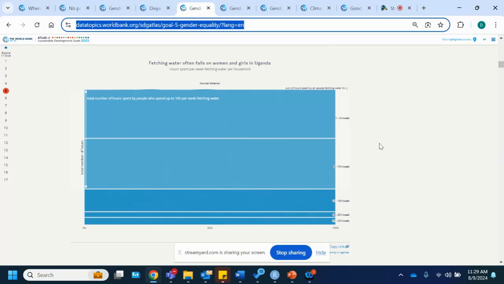Now, what we're doing here is we're showing all the data that we have from Uganda on the number of hours spent by people who spend up to 10 hours, 20 hours, etc., on fetching water. The height shows you the share of people that are spending time in this category, which is 1 to 5 hours per week, and then 6 to 10 hours per week, and so on and so forth.